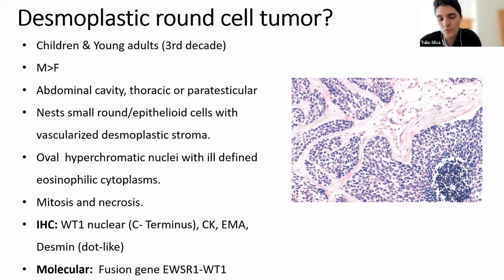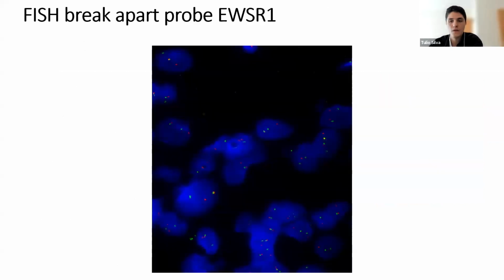So we decided to give this option a try and look for the EWS translocation with FISH. We performed a FISH break-apart probe that was rearranged, so it could fit with our hypothesis.